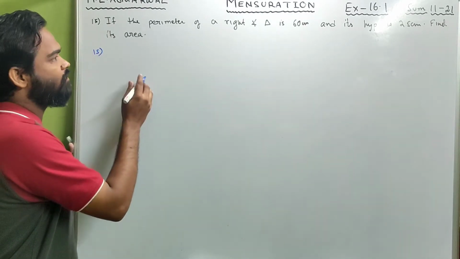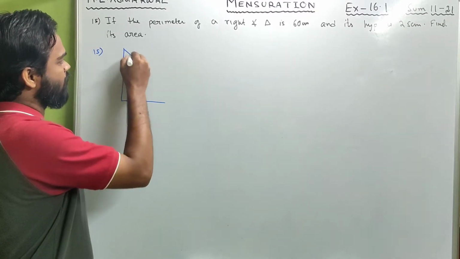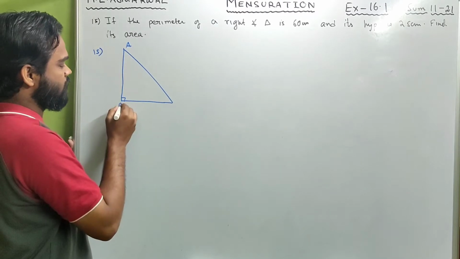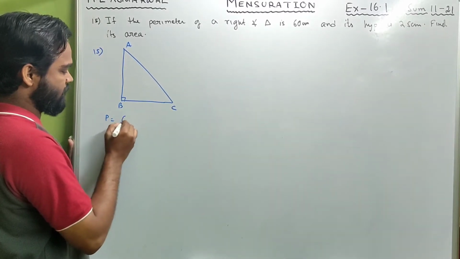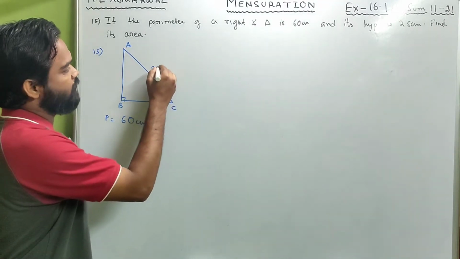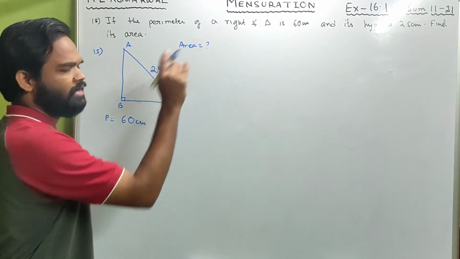Now, if the perimeter of a right angle triangle is 60 centimeter, we'll take a right angle triangle ABC. The perimeter is given as 60 centimeter and its hypotenuse is 25 centimeter. Find its area. Again we'll get an expression.